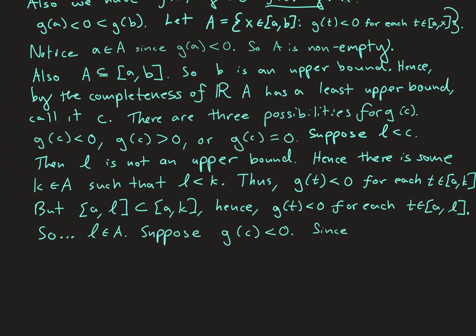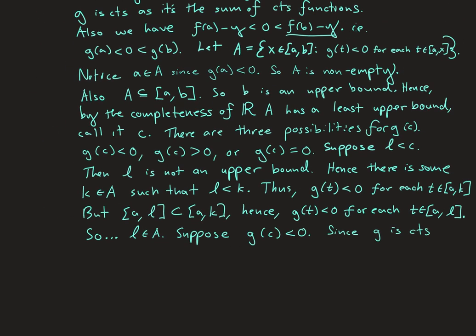Since g is continuous at B, we know that, first of all, g of B is positive. That's something that we've supposed right here. g of B is positive.